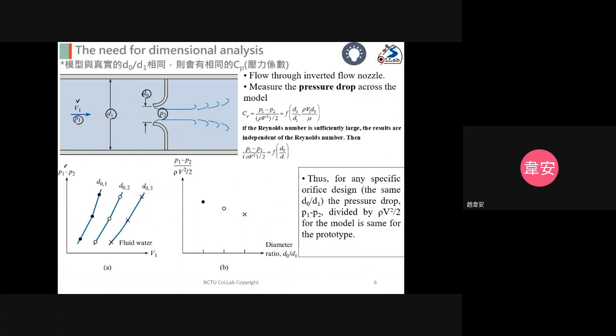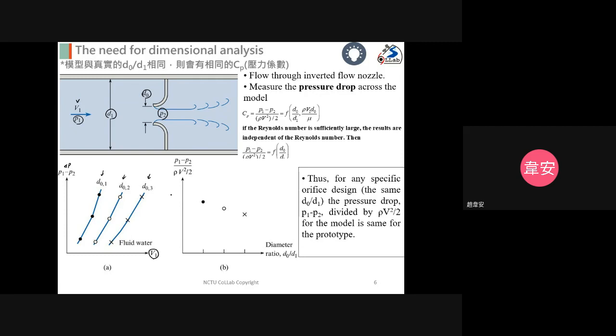We know the pressure difference when we conduct the laboratory experiments, and we have the velocities. In the figure showing here, for different diameter conditions, we have a different relationship between the pressure difference and the velocity of the free flow.